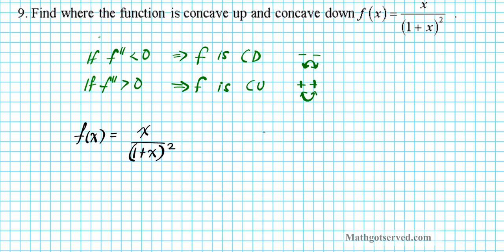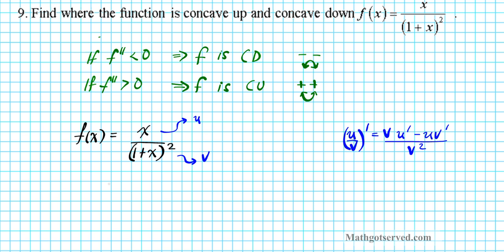All right, so the quotient rule is, to remind ourselves, u over v prime is equal to v u prime minus u v prime, divided by v squared. So in this problem, x is u, and the denominator, the quantity 1 plus x squared, is v.